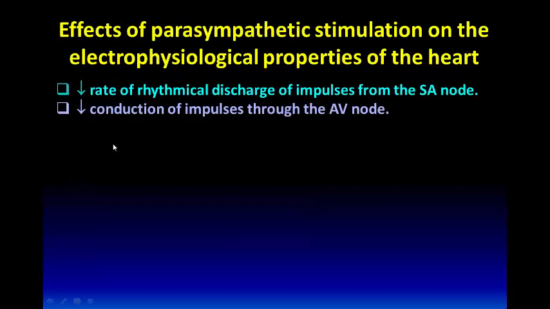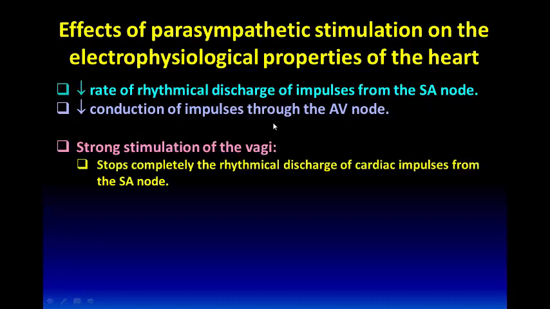On the other hand, parasympathetic stimulation decreases the rate of rhythmical discharge of impulses from the sinoatrial node and slows down the conduction of impulses through the AV node.